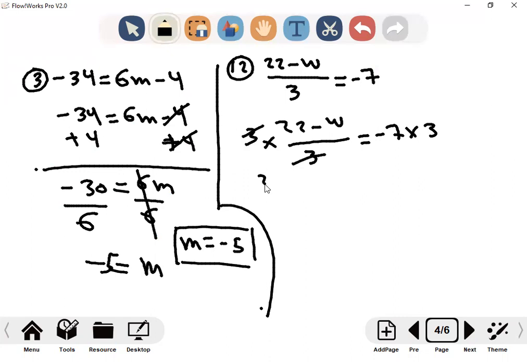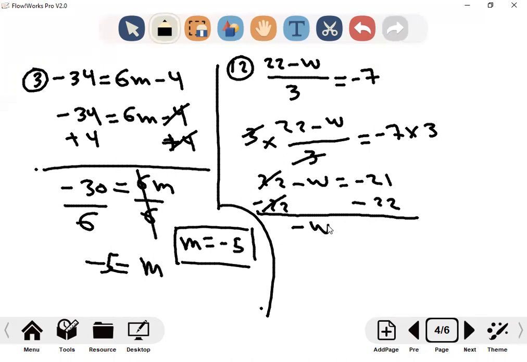So 22 minus W equals minus 20. Now focus here. I want to get rid of this 22, and this is positive, so negative 22 on both sides. What is still here? Negative W. Negative W equals, here add with the same sign, negative 40.